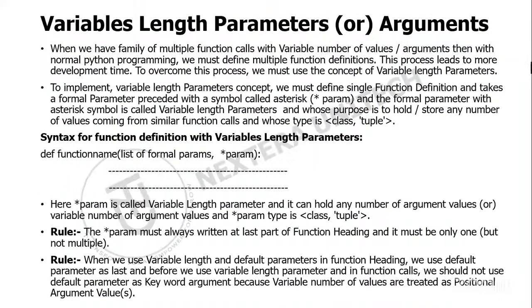Now, let us understand the fourth type of arguments, parameters. They are called variable length arguments or parameters. Why did the concept of variable length parameters evolve? Because if I want to pass multiple values for a single parameter, I can achieve it using a variable length parameter.